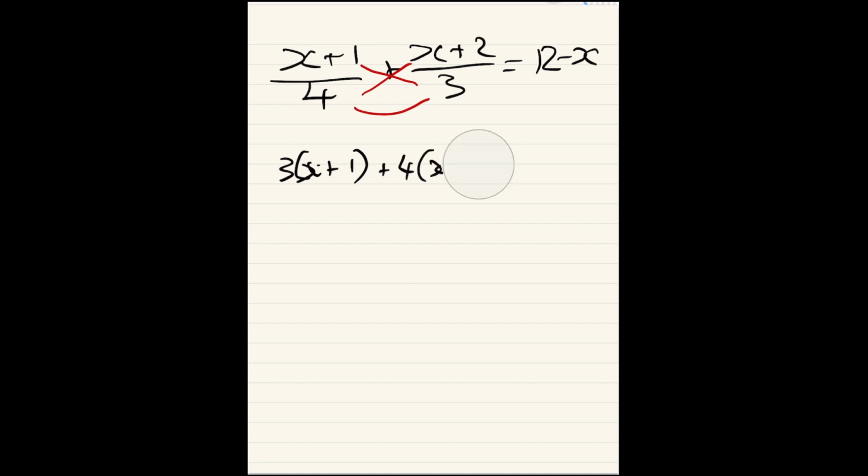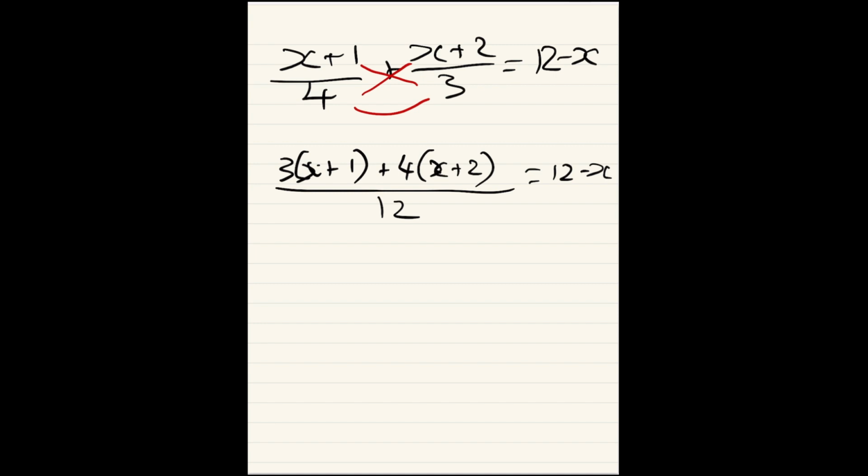Doesn't look much like a 2, does it? Let's try that one again. x plus 2. And on the bottom we've got 3 times by 4 is 12. And on this side we haven't done anything yet to the right hand side. Let's now expand our brackets. And we can multiply at the same time. We multiply the other side by 12, okay?